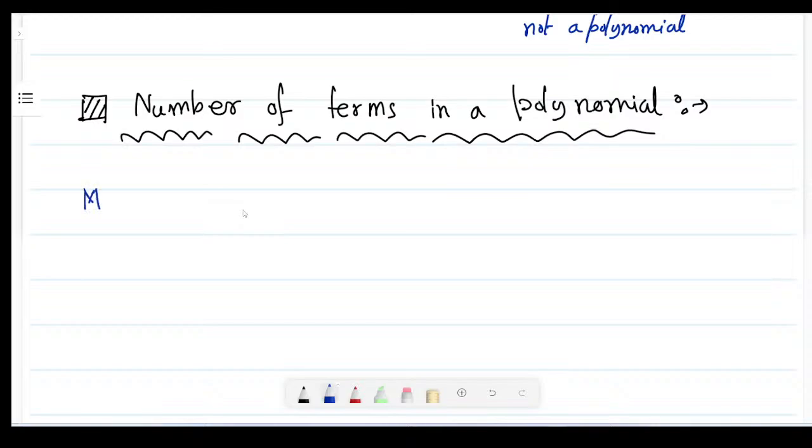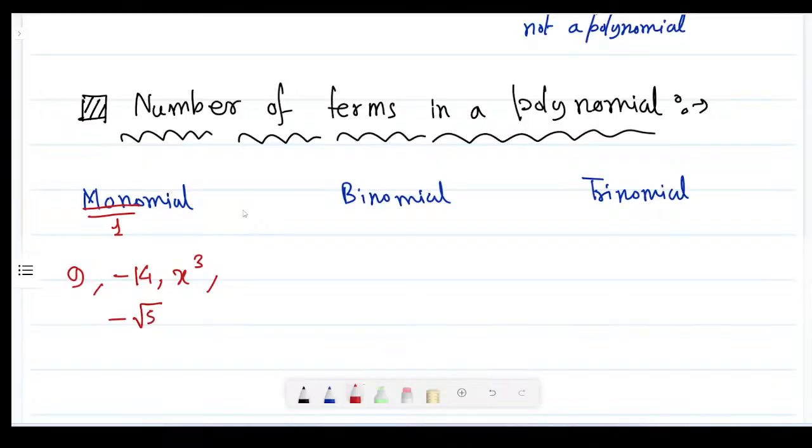One is monomial, one is binomial, and so on. For a monomial, we have to take just one term only, for example x to the power 15. So this is a monomial.